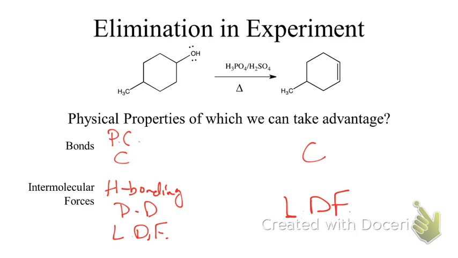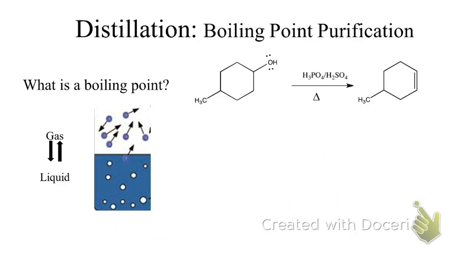We would expect their boiling points to be different. So what we can do is add heat. When we add heat, one of them will turn into the gas phase first, and that one then floats off into nothing, probably gets into our lungs, not a particularly good thing, so we come up with some fancier glassware, and instead we distill. So what we're going to separate these on is based on their boiling points.